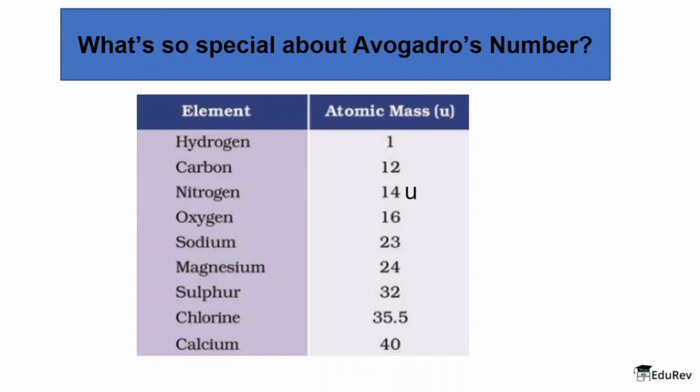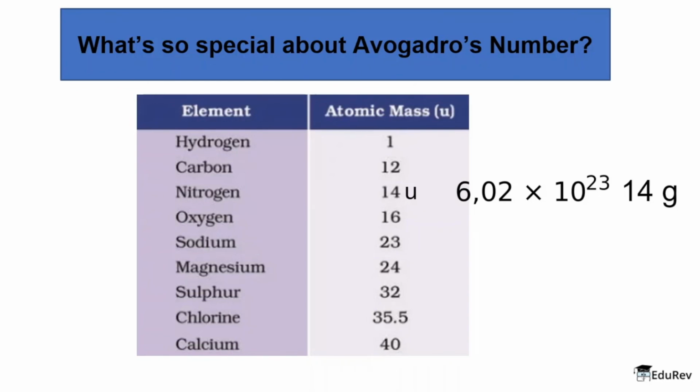Okay, but if I take not 1, not 2, but 6.022 into 10 to the power 23 atoms of nitrogen, the mass is going to be 14 grams. So whatever is the mass in U, it is going to be in grams if I take these many number, or Avogadro number, of nitrogen atoms. Okay, similarly, if I take Avogadro number of hydrogen atoms, the mass is going to be 1 gram.